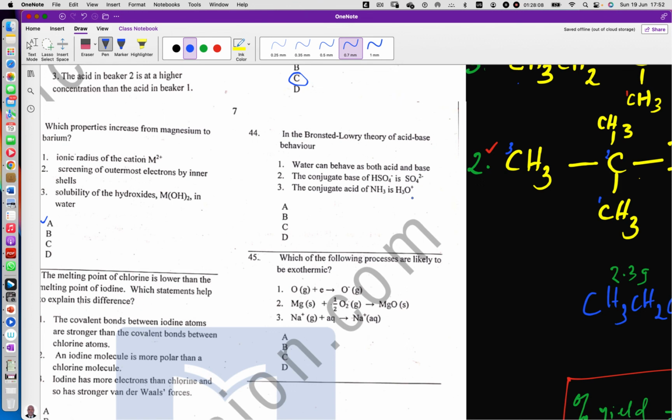So the conjugate base, I said the conjugate base is the substance left after the acid has given away its proton. If this HSO4- gives away its proton, the substance that will be left is this one. So the conjugate base of this substance here, if it gives away its proton, this is what will be formed.